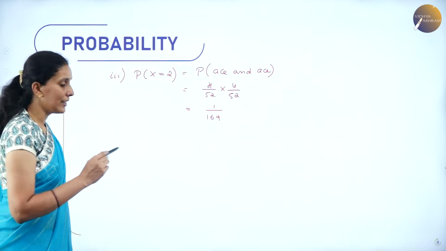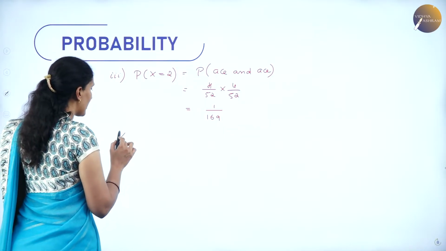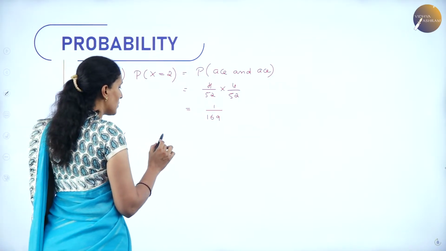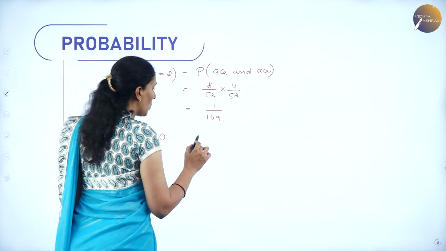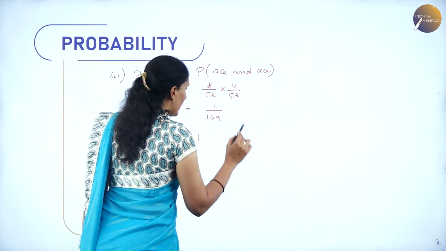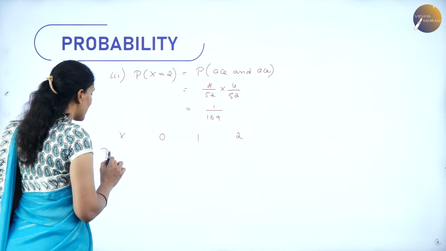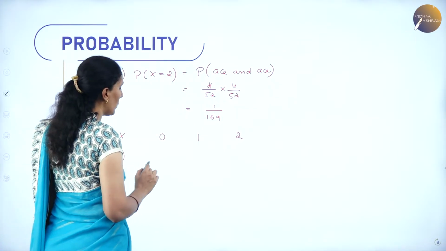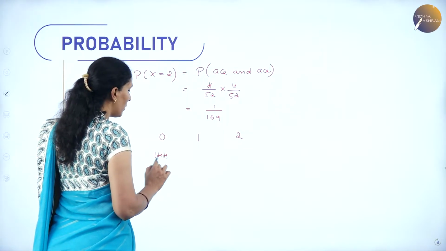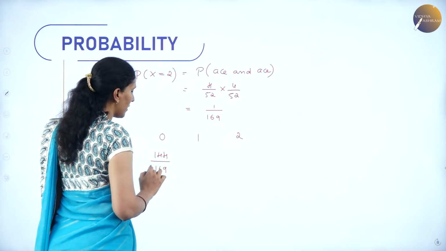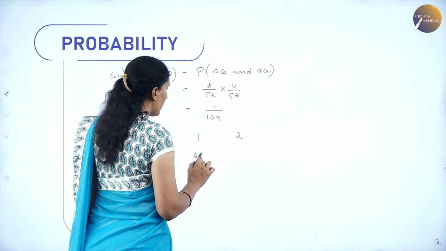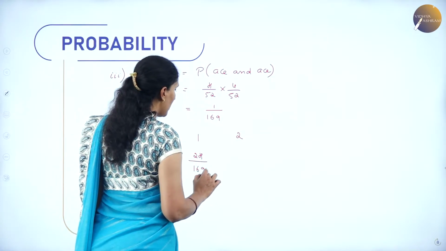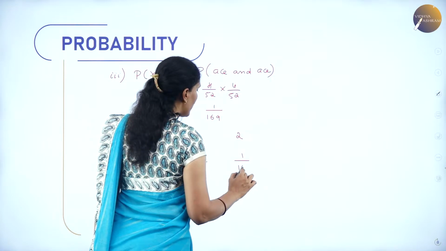Now, writing this in terms of a table. So, x, the count of aces: no aces, 0; only 1 ace; 2 aces. And writing the respective probability value of the random variable. For 0, it is 144 divided by 169. For 1, it is 24 divided by 169, and for 2, it is 1 over 169.